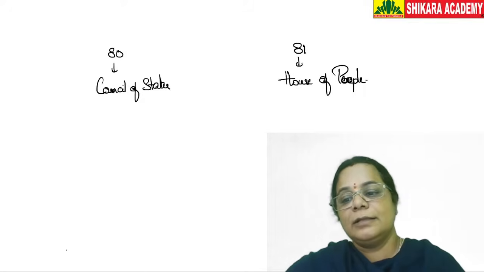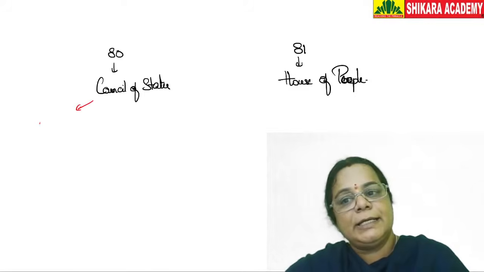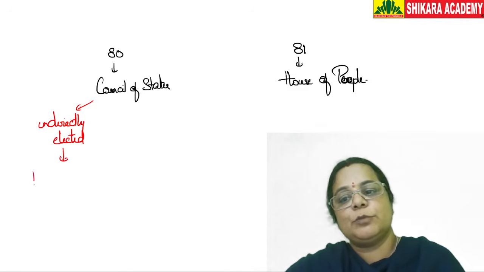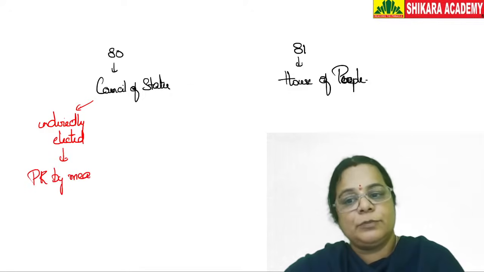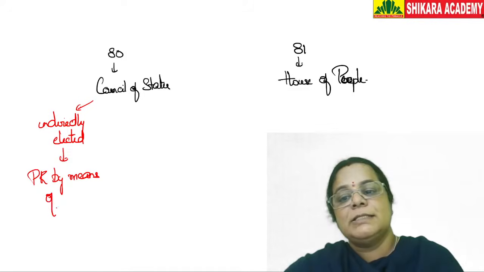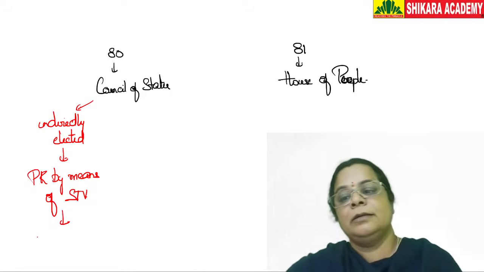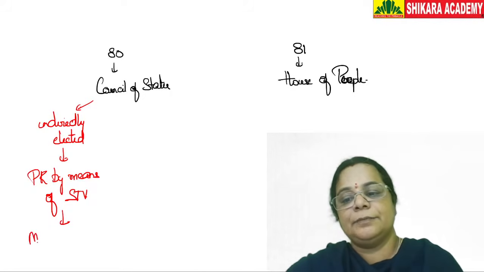Let's understand that. Council of States, according to Article 80, is an indirectly elected body. Elections are held using proportional representation by means of the single transferable vote. Remember that it is indirectly elected by the MLAs of states.